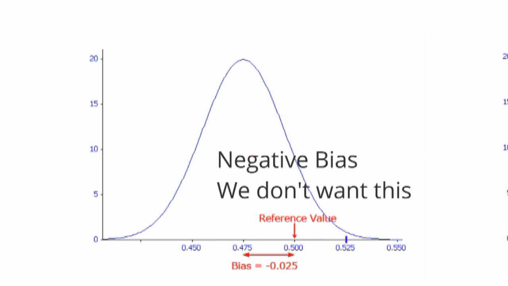So take a look at this chart. The standard or reference that we measured was 0.500, but the mean of our measurements was 0.475. So on average, this gauge underestimates the size by 0.025. So what we would say is that this gauge has a negative bias of 0.025.